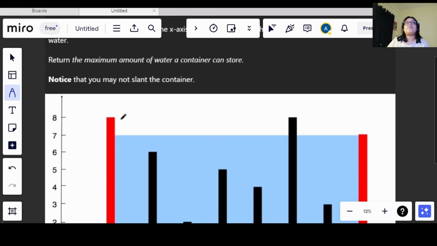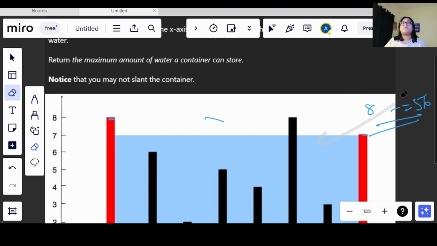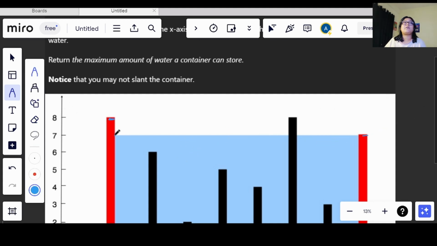If you think this is the height of 8 and this is 7, why can't we just take 8 into 7, which is 56, and return it as the maximum area? That is not possible. Therefore we need to keep in mind the container will always be a straight one. The level should be maintained so that the water does not overflow.